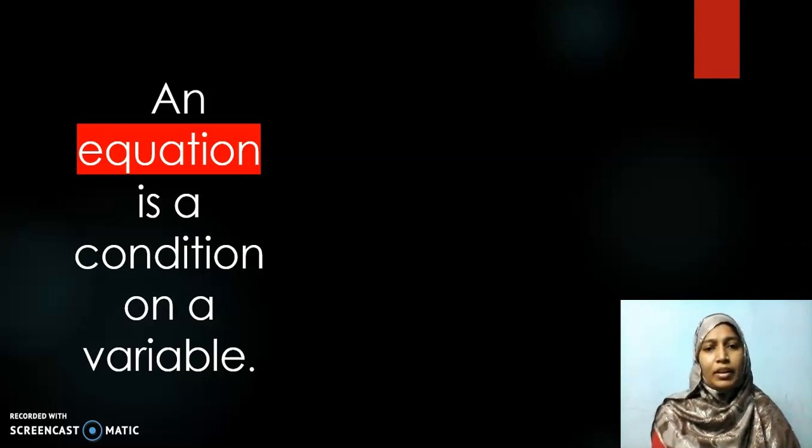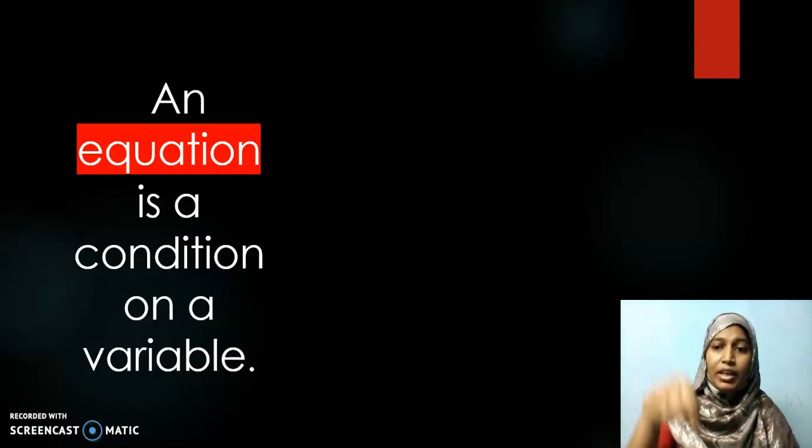For example, if I consider your weight as a variable and I say your father's weight is double your weight, twice your weight.